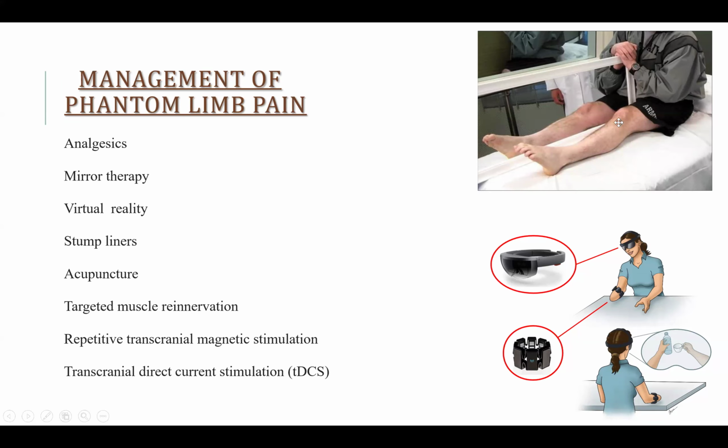The mirror is placed in front of the inside of the limb, near the normal limb, so the brain perception changes and the person can see the normal limb.